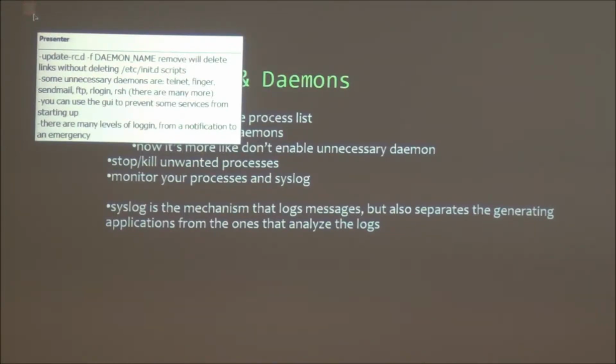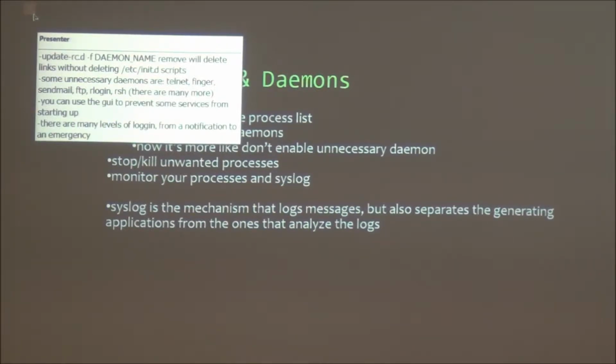There are other ways of doing that. FTP, rlogin, anything that starts with an R and is remote is probably not secure anyway, so you can disable all those. Like I said, also Bluetooth, disable that. That's unnecessary. A lot of those services not only are unnecessary, but could be full of holes, like Sendmail, which an attacker can exploit. So get rid of them.